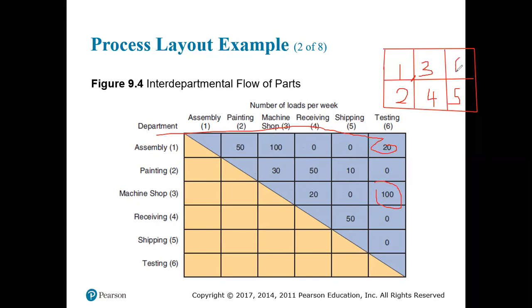So I could have 6 right by 3 over here. And there's also a link between the machine shop and receiving. So that link is already established there. And then when we go to receiving and shipping, 4 and 5 are right next to each other as well. Okay. So again, what we're trying to do here is minimize the amount of distance covered moving between the different departments that we have available here.